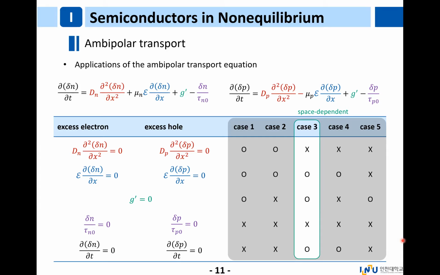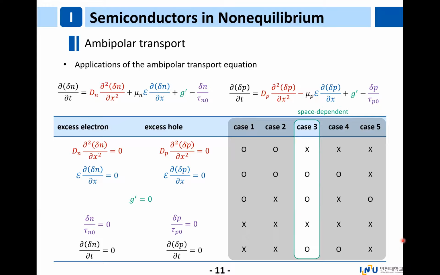In this case, there were no terms for applied electric field, generation, and concentration over time, but only terms for recombination and spatial concentration.